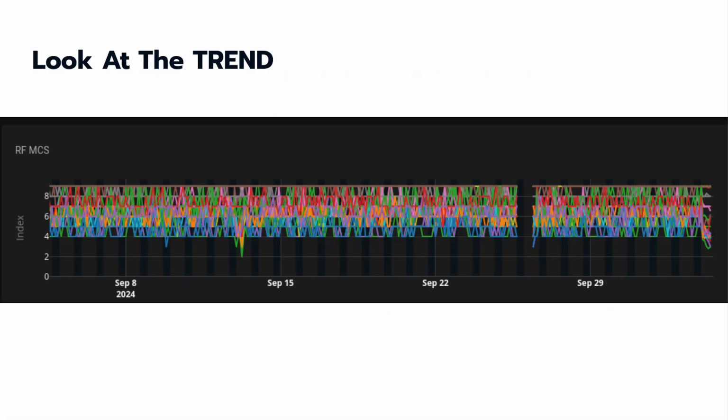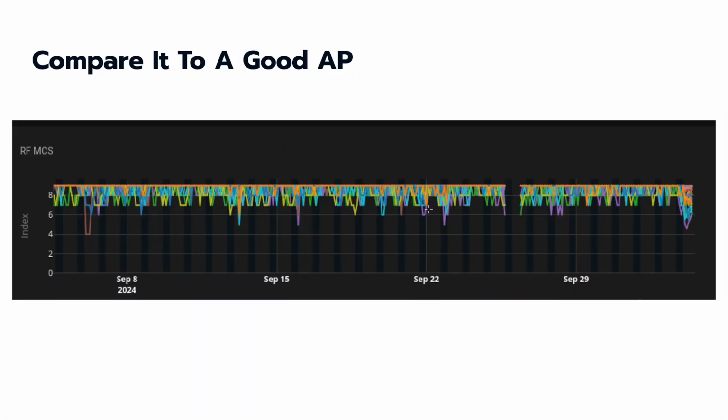So this chart looks like a bit of a dog's breakfast, but this is the trend of all the different radios' MCS levels over time for that high latency access point. And it looks like we've got various patterns here, starting at MCS 4 and going up to MCS 10. So let's look at one of the lower latency access points. Okay, so now we're getting somewhere.